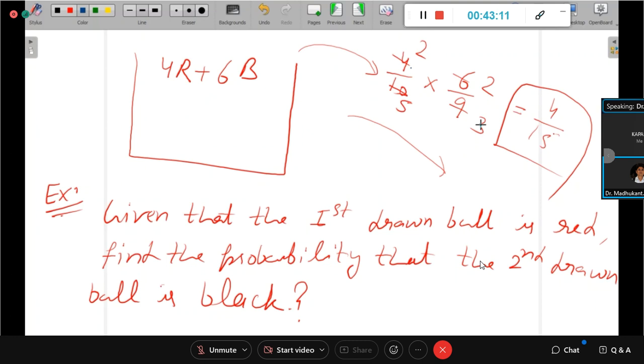This is only one case, right? 4C1 and 6C1. For the first ball we have four options, and for the second ball we have six options. So why can't we approach it by 4 into 6 by 10C2?